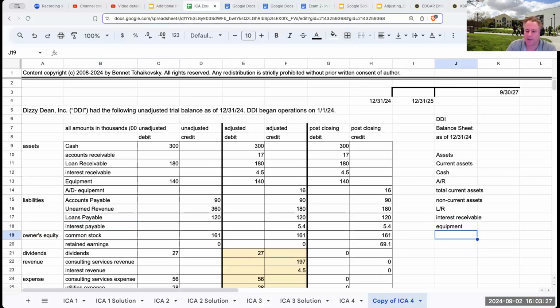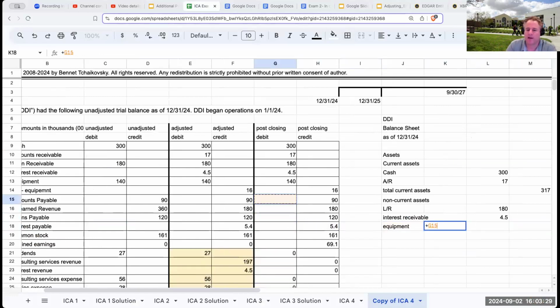So we're going to have equipment. My equipment balance is 140, less accumulated depreciation of minus 16, which gives us equipment net of accumulated depreciation of 124. When you show this on the balance sheet, you have to make sure you're showing me that it's non-current.